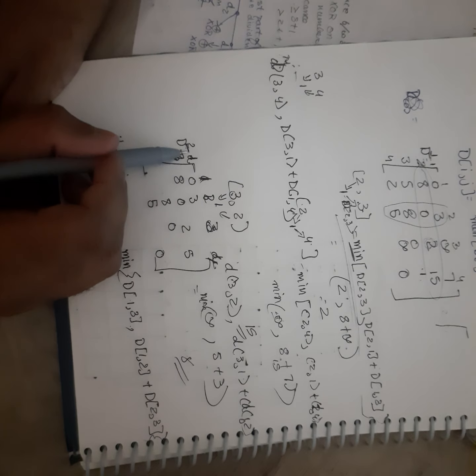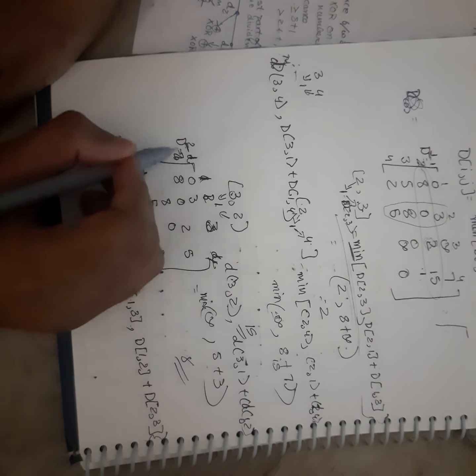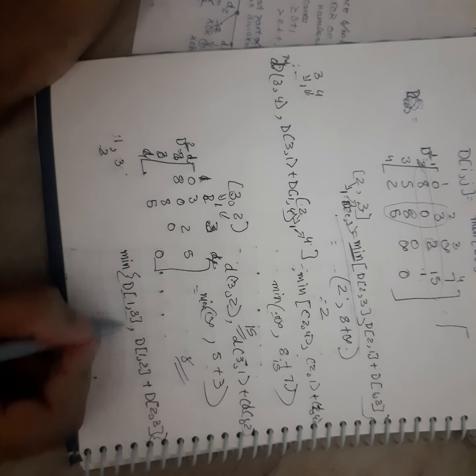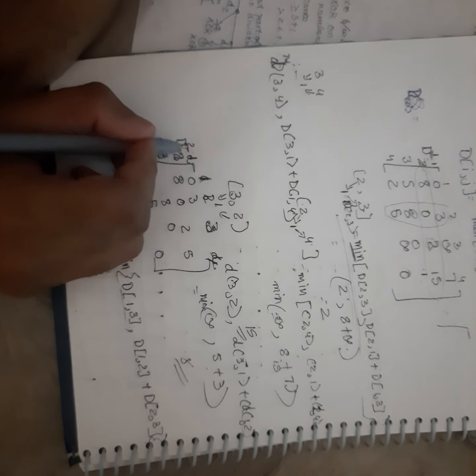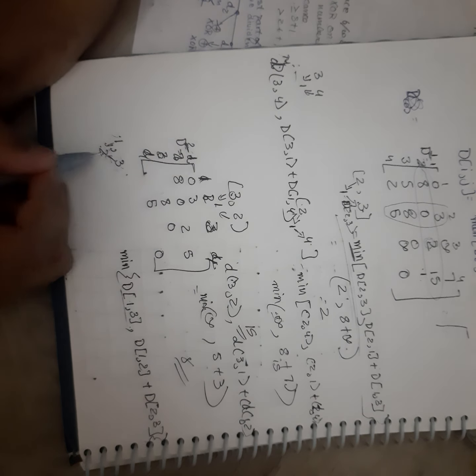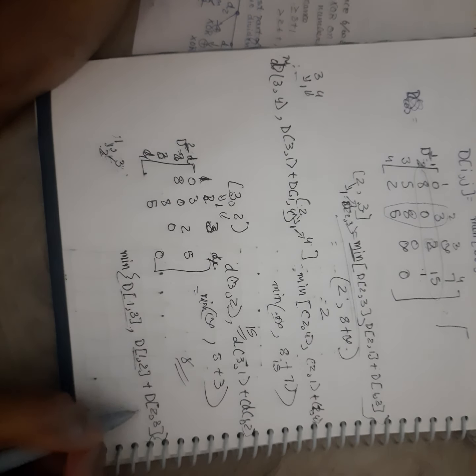You have to find d2, right? 1 comma 2 and 2 comma 3, just one only. You should find 1 comma 3, so you'll just write 1 comma 3 here and write whatever the matrix 2 here, and just write an arrow mark. For your simplification I'm writing this. Just write 1 comma 2 here and 2 comma 3 here.